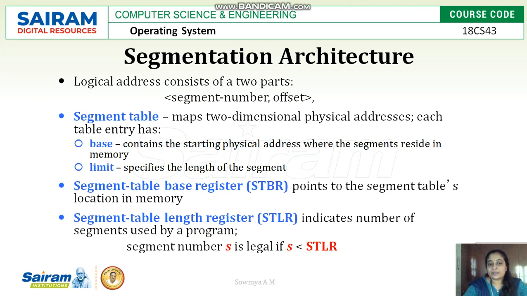The segment table base register, STBR, points to the segment table's location in memory, and the segment table length register, STLR, indicates the number of segments used by the program. If the segment number is S, then legally S should be less than STLR.